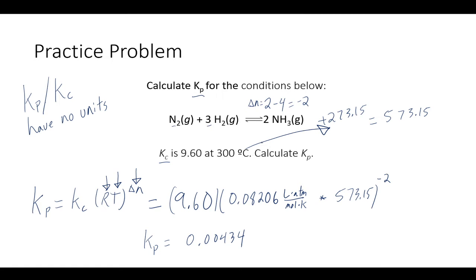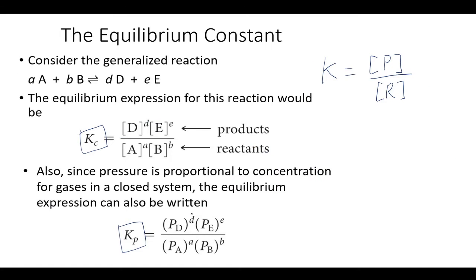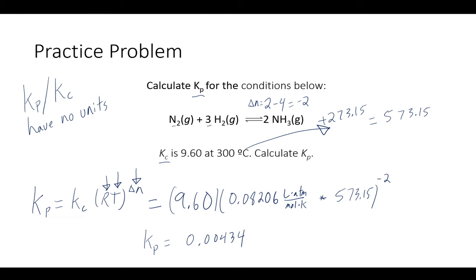The reason is that the pressures you put in are technically relative to a 1 atmosphere pressure, and the concentrations you put in are technically relative to another standard concentration. We're really using activities, but that's a bit beyond the scope of this course. Just know that these are dimensionless quantities. So that's how you would solve a problem calculating between Kp and Kc.